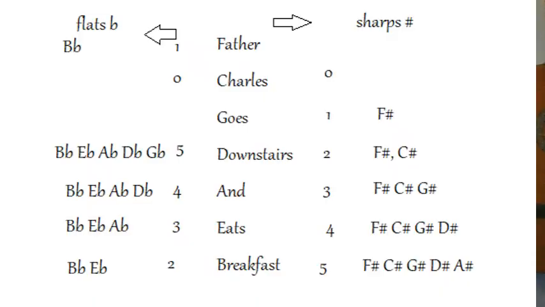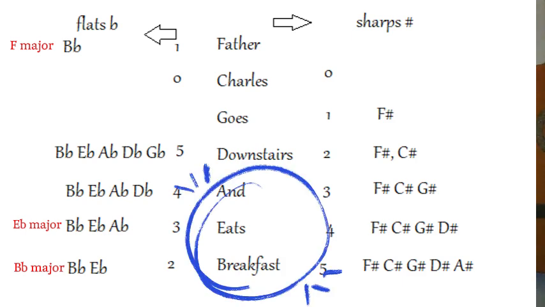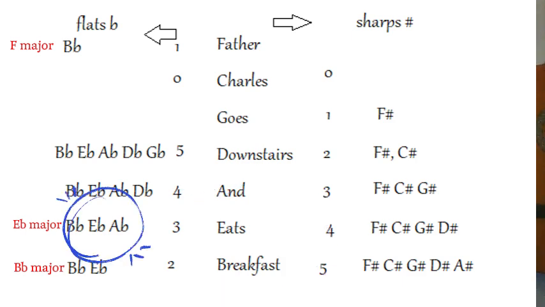And so we continue again on the left hand side, moving backwards. Next, after F for father and B for breakfast, moving backwards, is eats, or E flat major. E flat major has 3 flats, breakfast, eats, and B flat, E flat, and A flat. Thereafter, we have and, or A flat major.